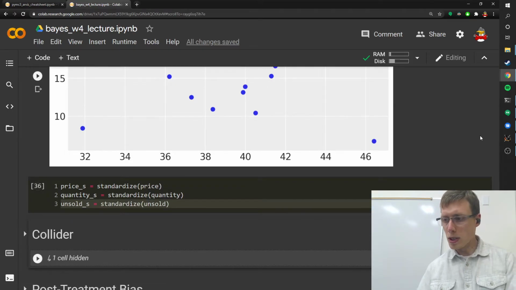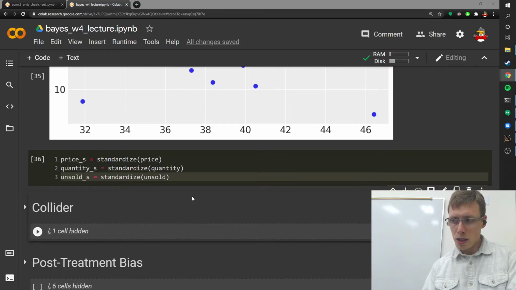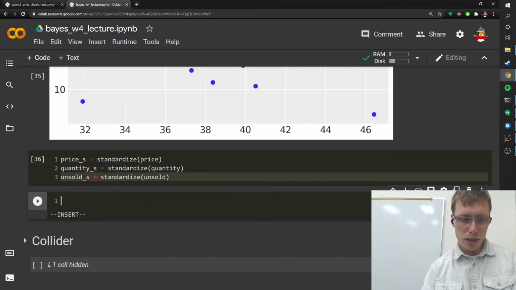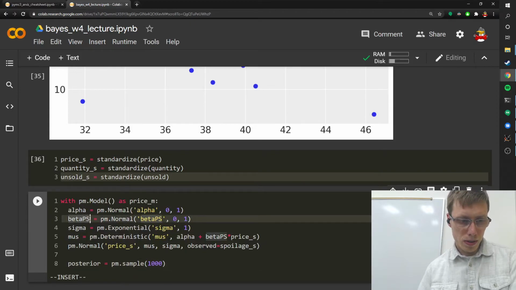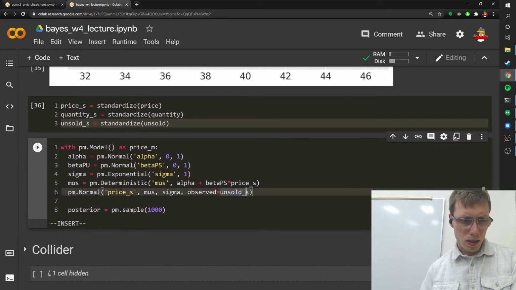We'll normalize all that, standardize all of it, and then run a quick model trying to predict based on the price. Let's predict the unsold. I have to change this around because I think I used a different variable name when I tried running these in the past. Unsold, that should definitely read unsold.